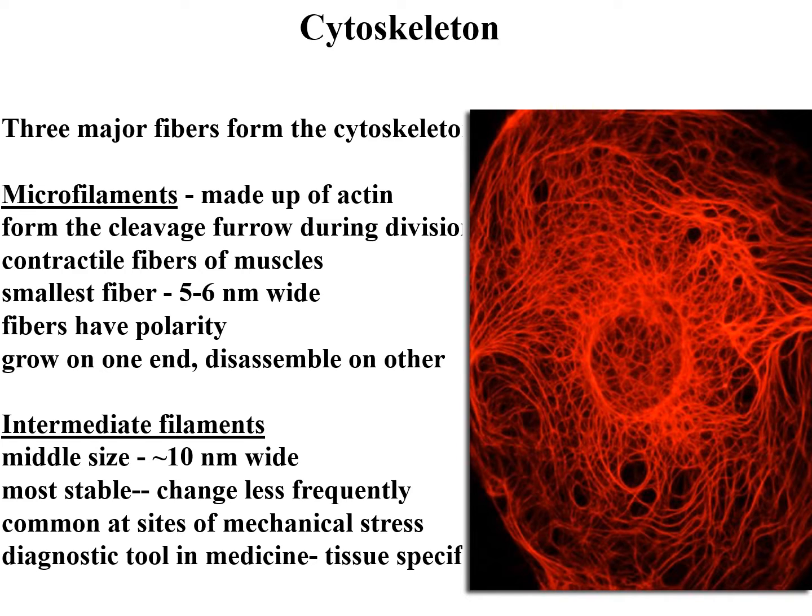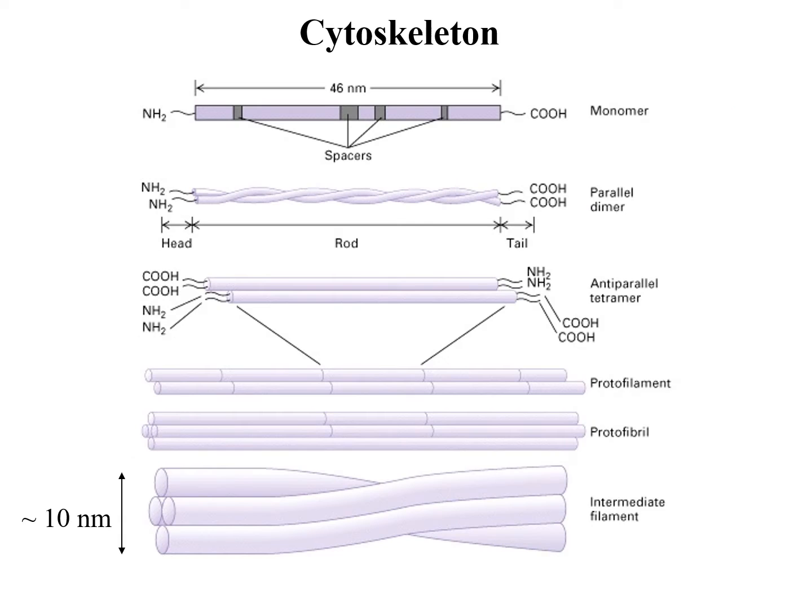Intermediate filaments are middle-sized, 10 nanometers wide, mostly stable and changing less frequently. You can see the cytoskeleton structure, antiparallel tetramers, then protofilaments.